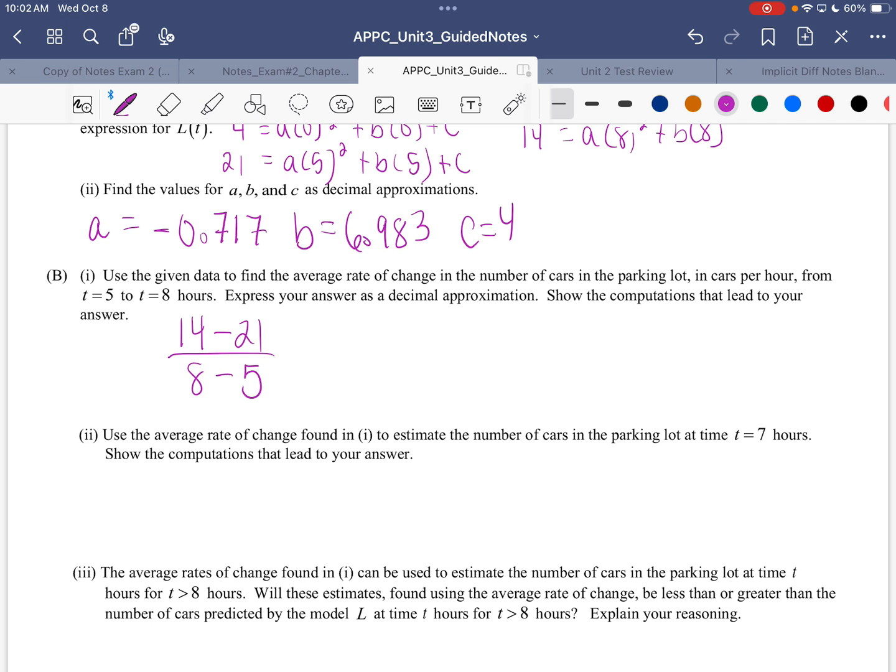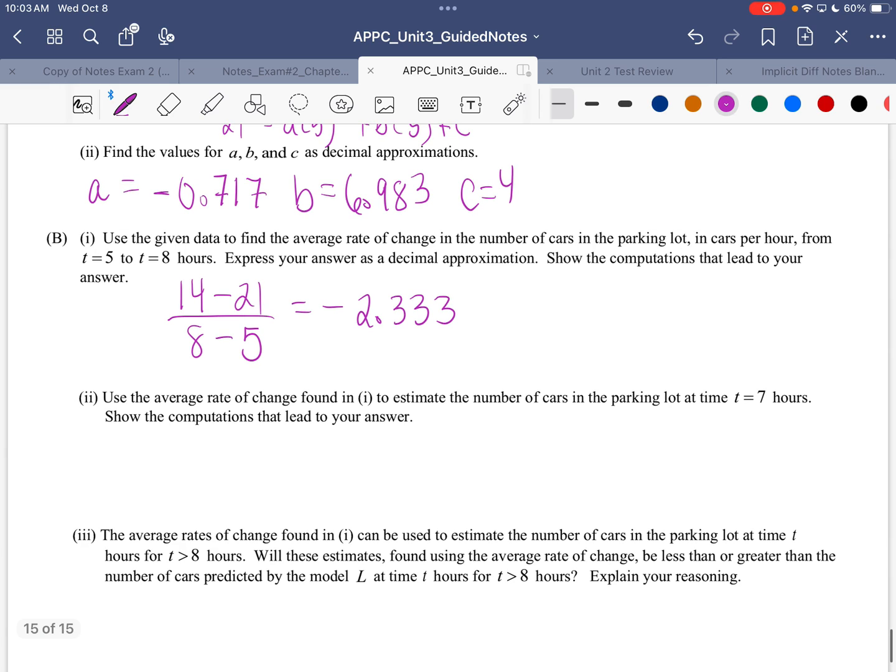So, as decimal approximations, would I go with the 999 value or like the 14 value? Depends. What's after the 9? 9. So then 14. Okay, so on your table to do B, the average rate of change in I to estimate 7 hours. Show the computations that led to your answers.